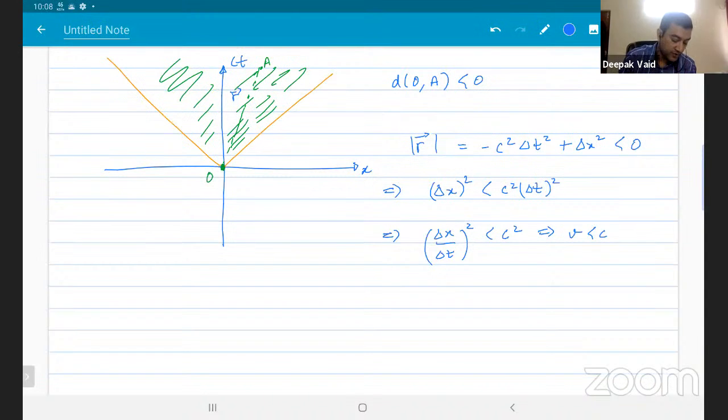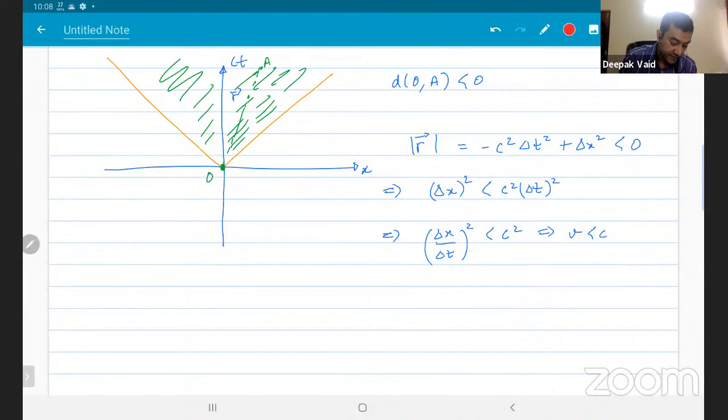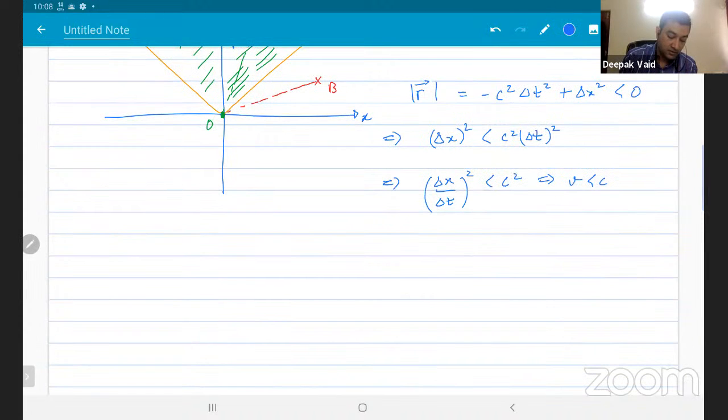So if I send out a signal from O, can it reach a point over here? Can the point O send a signal to the point B? What is the distance between them?